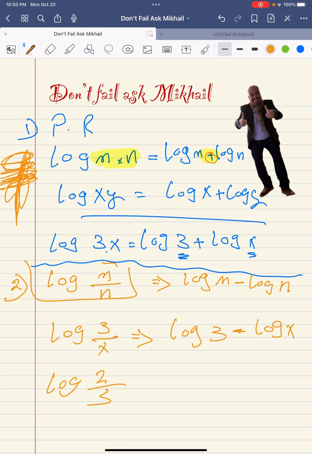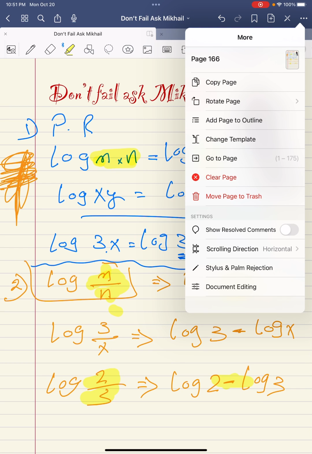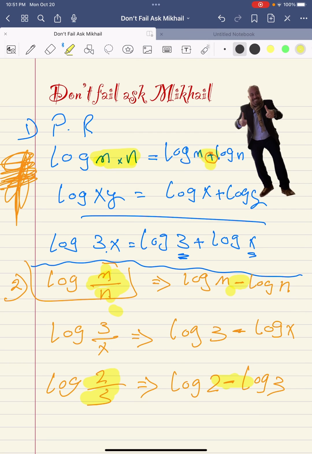It works for everything. Remember, a number is a fraction. So that is log 2, which is the top, minus log the bottom, which is 3. So what I did here, I changed division into subtraction, m over n into subtraction. M times will be plus, m over will be minus.